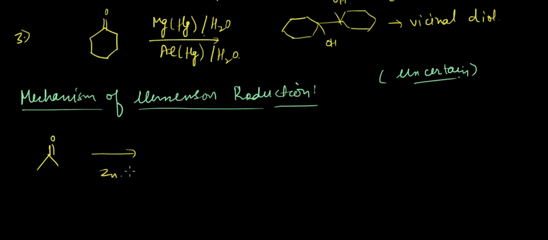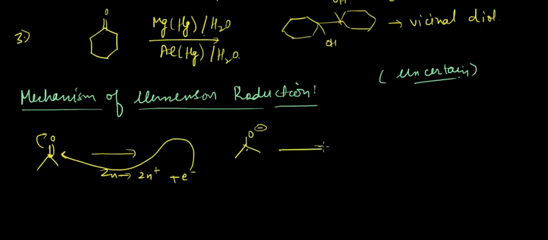So what the zinc does is, zinc actually oxidizes itself into Zn plus and e minus. This e minus goes and attacks this carbon atom, and as a result carbon gets a free radical and oxygen gets a negative charge. This oxygen attacks HCl to get OH.